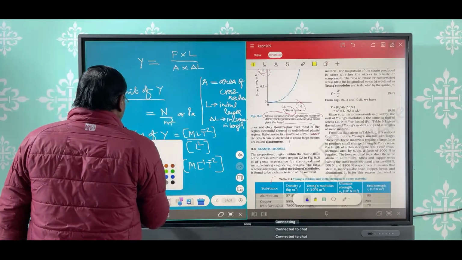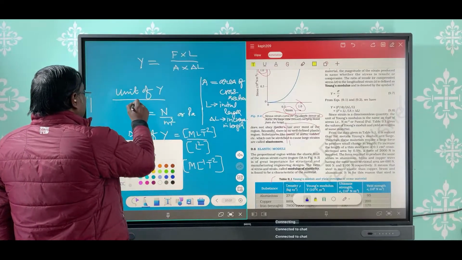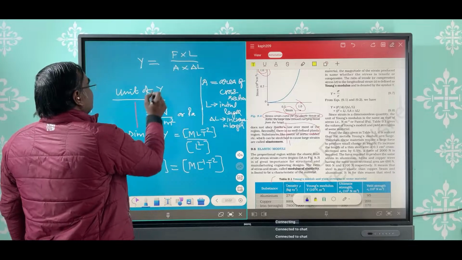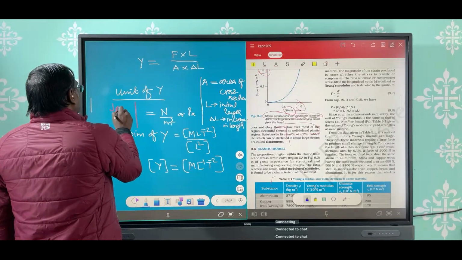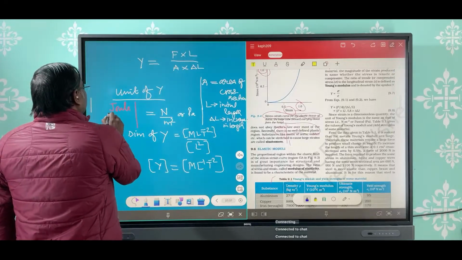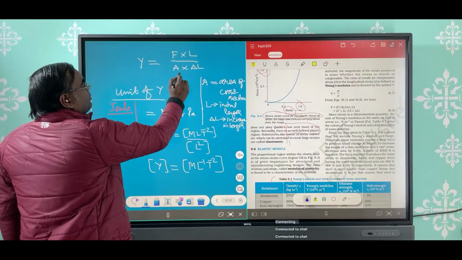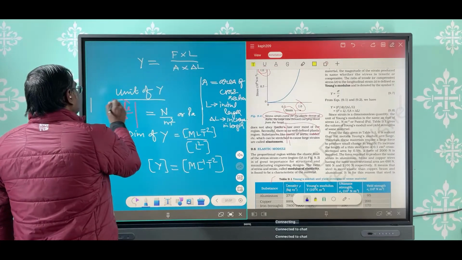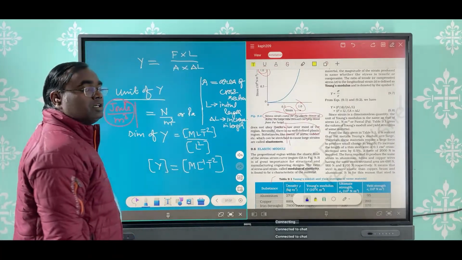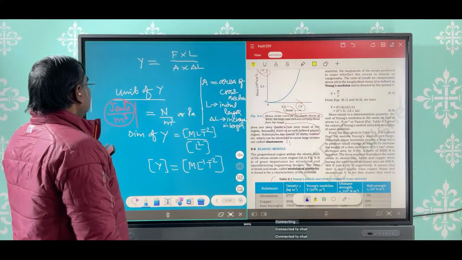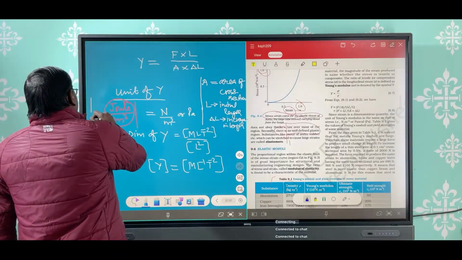See, if I write this here, F into L may be written as the joule in terms of unit, and area meter square into meter, that is meter cube. So this is another unit for the Young's modulus, right?